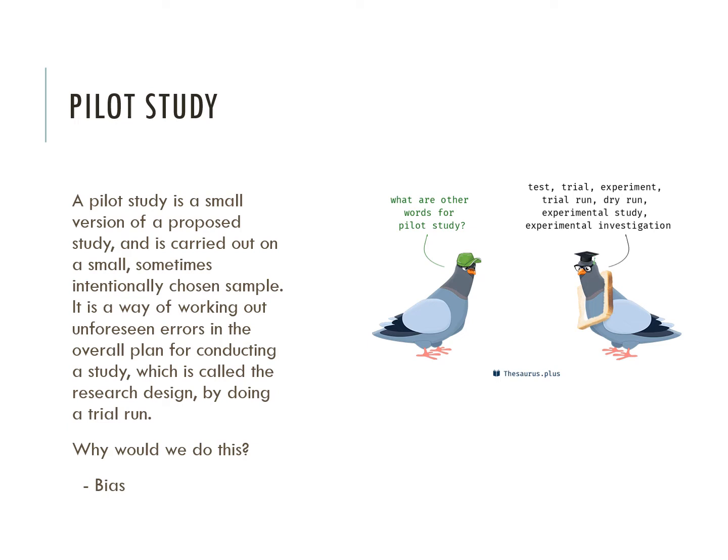So what researchers will do is they'll conduct something called a pilot study. It's basically just a small version of the proposed study. It gets carried out on a small, sometimes intentionally chosen sample.